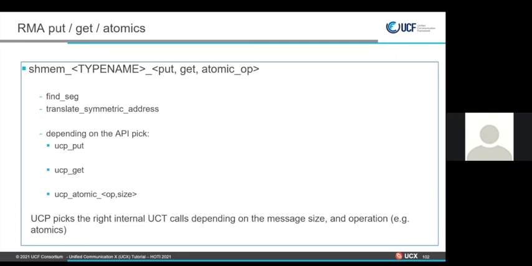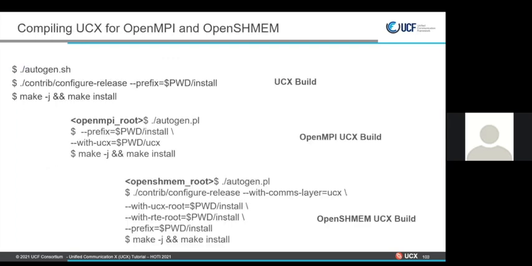And internally, UCP will pick the right transport and also the right algorithm to implement that, depending on the message size, the operations, and whether they're atomic operations and so on. Next slide.